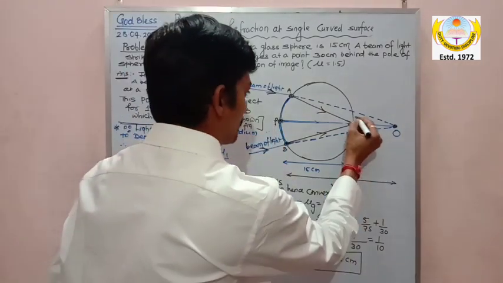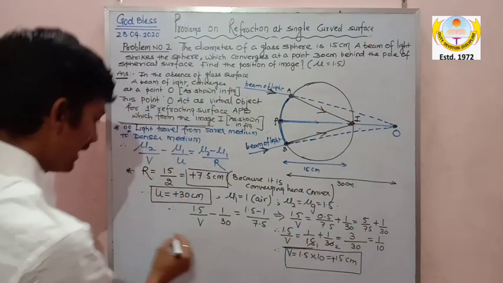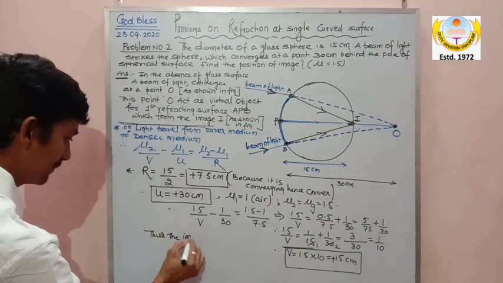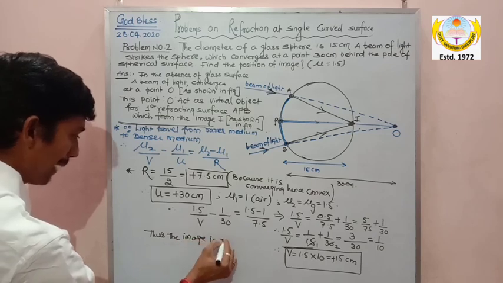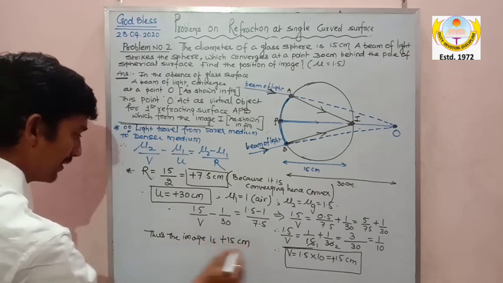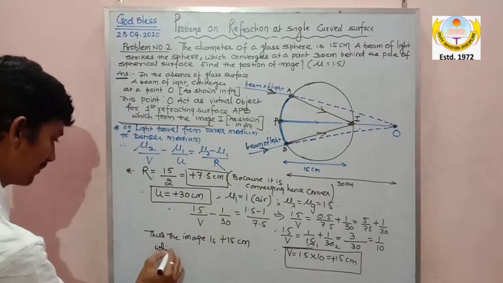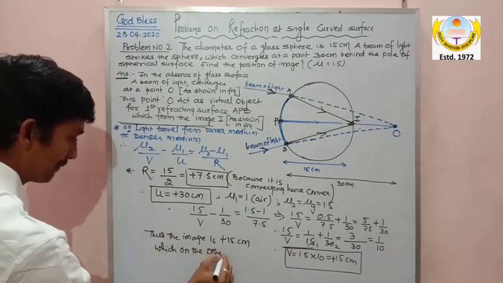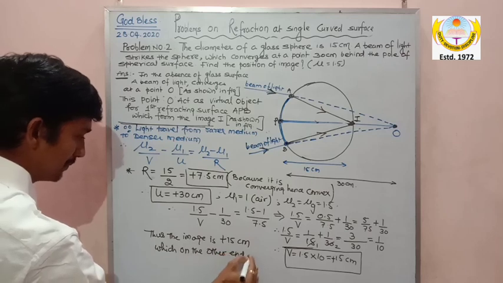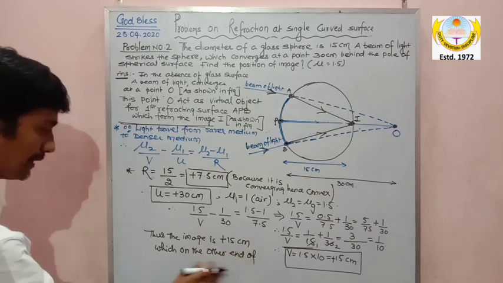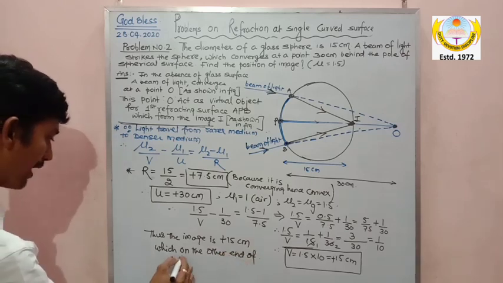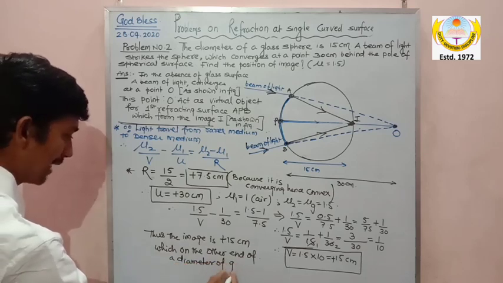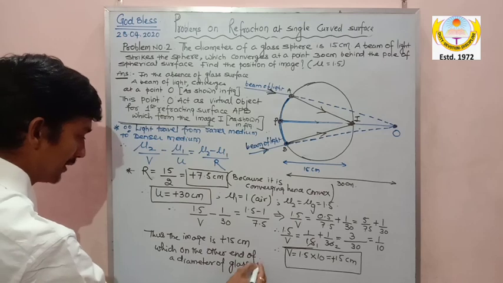So the image is obtained at plus 15 centimeter, which is on the other end of the diameter of the glass sphere.